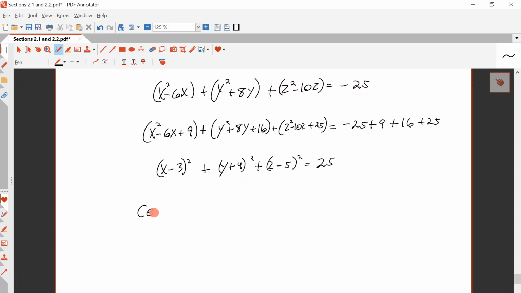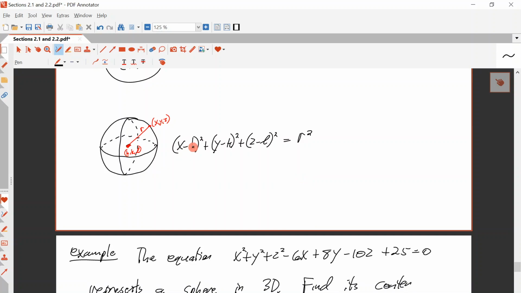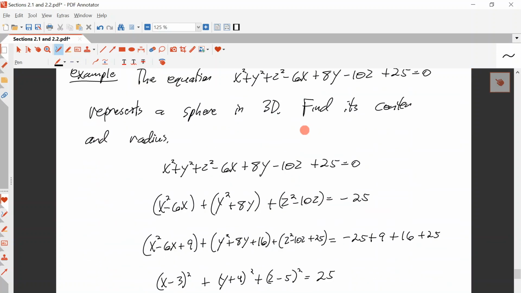All right, so the center is (3, −4, 5), right? Positive 3, negative 4, positive 5, because it's x − h, y − k, z − l. So the coordinates are the negatives of the numbers there.